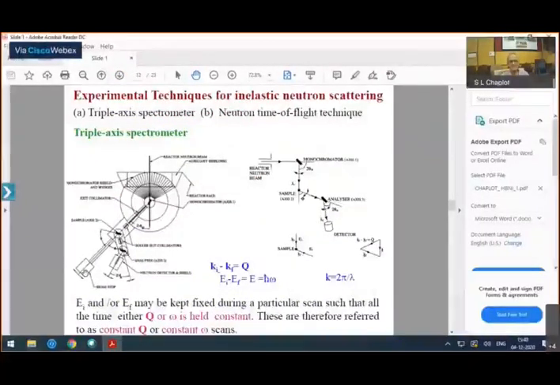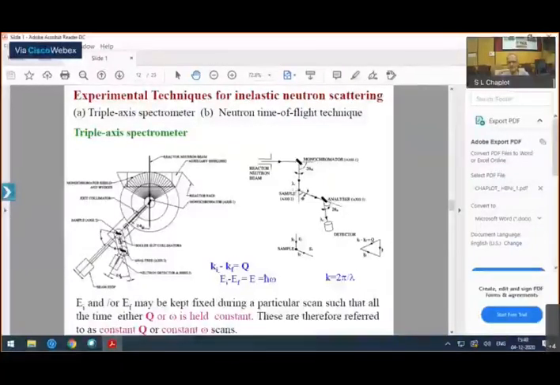For example, this is a detailed schematic of a triple axis spectrometer. You have neutrons coming from a reactor. Then from a crystal, you choose a particular Bragg plane, so that the Bragg condition is satisfied, and you can choose a monochromatic beam of neutrons of a particular wavelength.